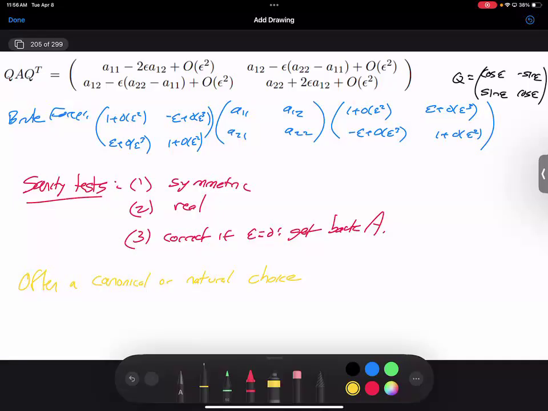If it makes you feel better, you may assume the universe cares about you. That's not going to have any impact on what we're doing later today. So if you want to add that, that's fine. I do need that the universe does not care about how you orient your coordinate axes. So we're going to assume that the probability of QAQ transpose is the same as the probability of A.